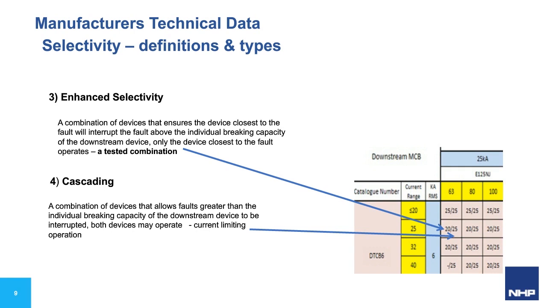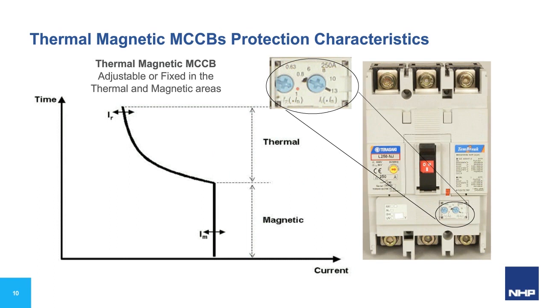The thermal magnetic molded case circuit breaker has adjustable thermal settings, Ir, and magnetic settings, Ii. The thermal dial numbering depicts a percentage of the nominal current, and the magnetic represents a multiple. The thermal trip function is achieved by a bimetallic strip bending in proportion to current-produced heat to press on a trip release latching mechanism.